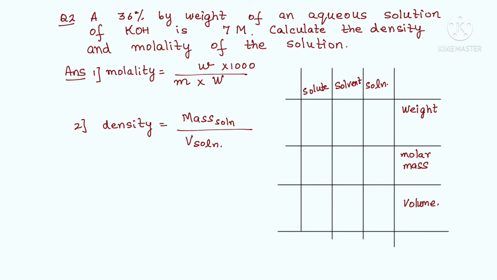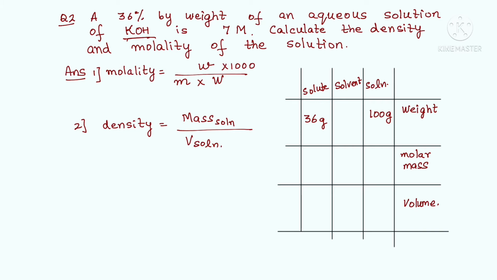So again, going back to the question, it says 36% by weight. That means in a solution which is 100 grams, so that means my weight of the solution is 100 grams, there is only 36 grams of KOH in the solution.